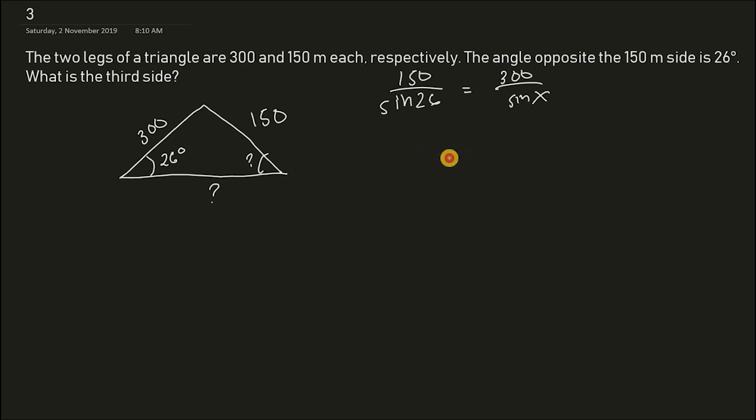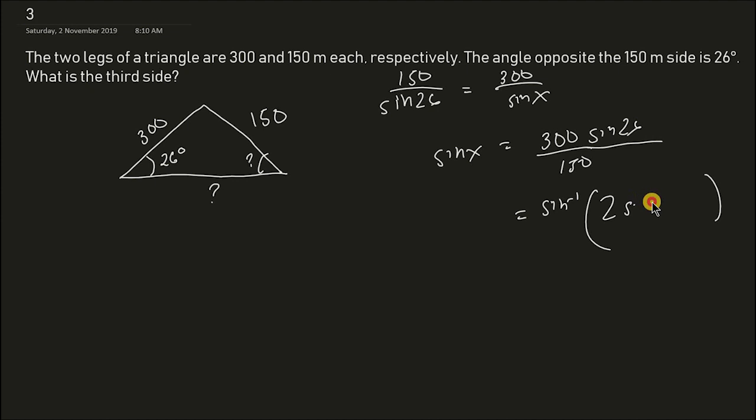So that would be equal to sine x is equals to 300 over 150. This is sine 26. So the value of the sine x would be arc sine of 300 over 150 times sine 26. By the way, I can evaluate this. 300 divided by 150 is 2 sine 26 degrees.